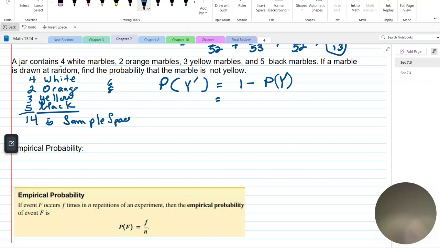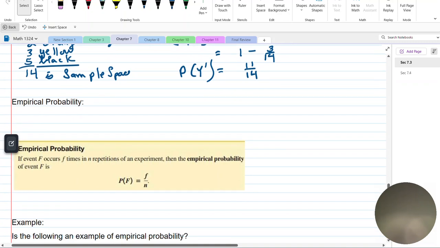And in yellow, it's 3. 1 minus 3 out of the 14. So that makes it 11 out of the 14 possibility. It's 11. It's more highly likely.